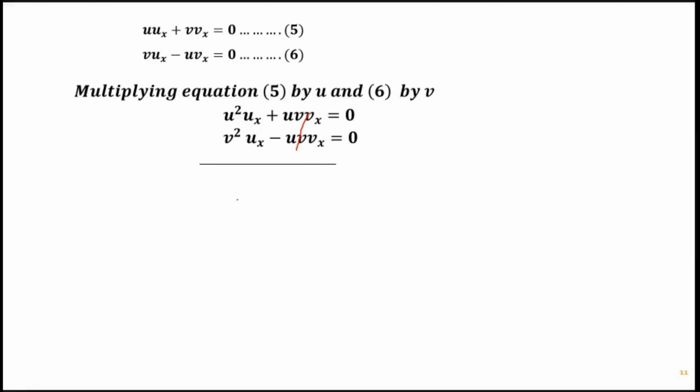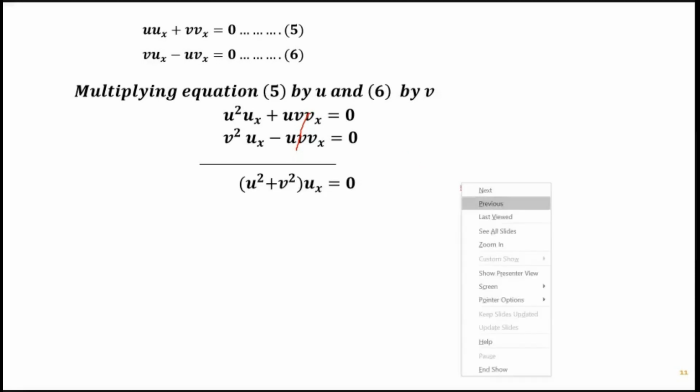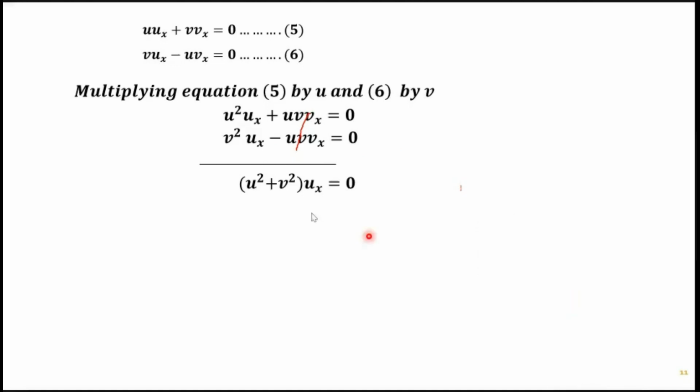What will remain? u square plus v square into ux equal to 0 आ जाएगा. u square plus v square की वैल्यू है c square, c square ux equal to 0. So I can say that ux is equal to 0.